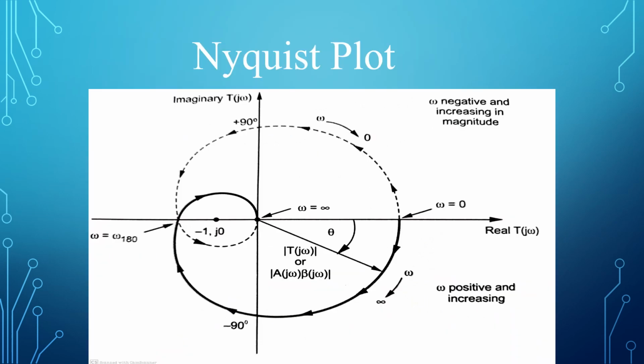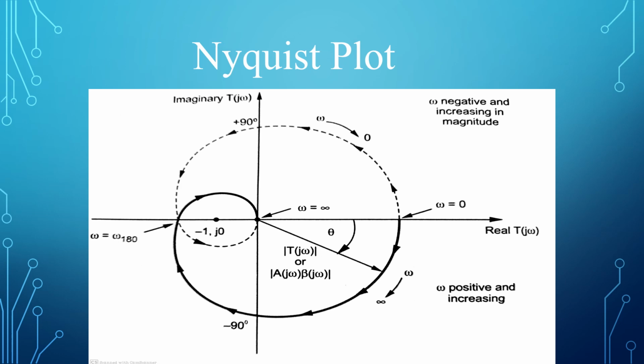The next topic, following the stability problem, is the Nyquist plot. This is the diagram for the Nyquist plot, where we test the stability of the feedback amplifier. The Nyquist plot determines whether the system is stable, and it also gives the degree of system stability.